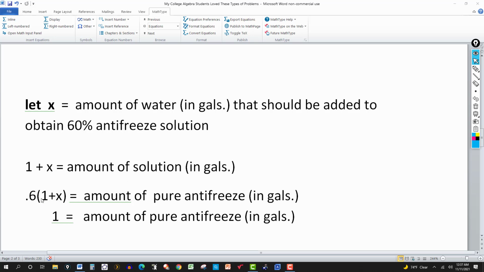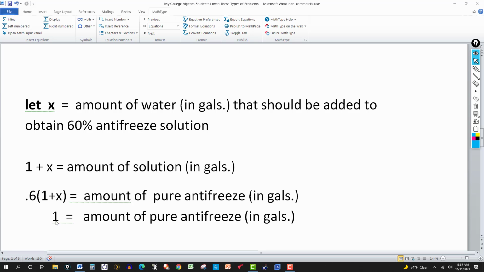Now, since I want it to be 60% antifreeze, 0.6 times 1 plus x should equal the amount of pure antifreeze. 1 plus x times 0.6, 60% antifreeze, equals the amount of pure antifreeze in gallons.